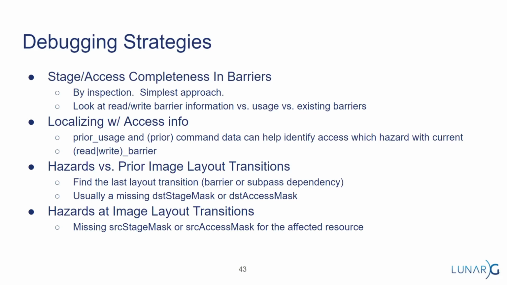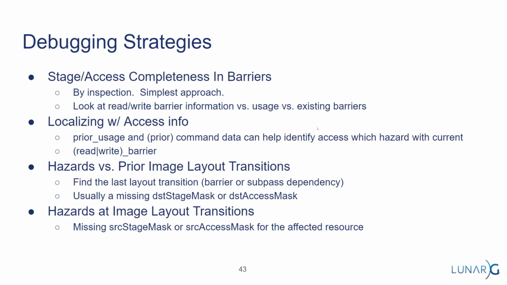When you look at using a barrier, and barriers are almost always needed when you change roles, if you can look at your metadata to say what was my last role and what is my current role, then you know what your former usage was, and you know what your next usage is going to be, which gives you enough information to specify what your source and dest masks need to be, by stage and access.